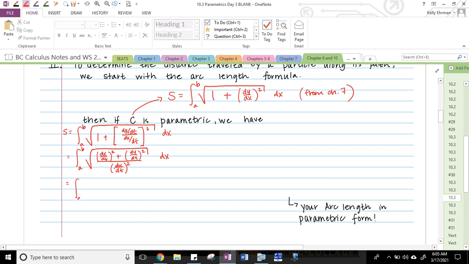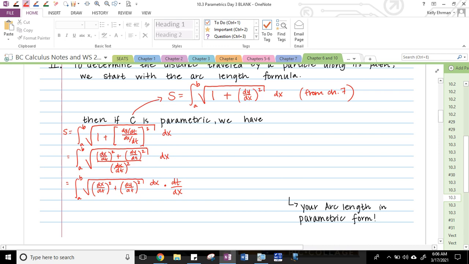So next step is to keep the numerator under the square root, so that's dx dt squared plus dy dt squared. You've still got a dx out here. And then instead of dividing by dx dt squared, I'm going to multiply by, oh sorry, it's not squared because we're square rooting it. I'm going to multiply by dt dx.